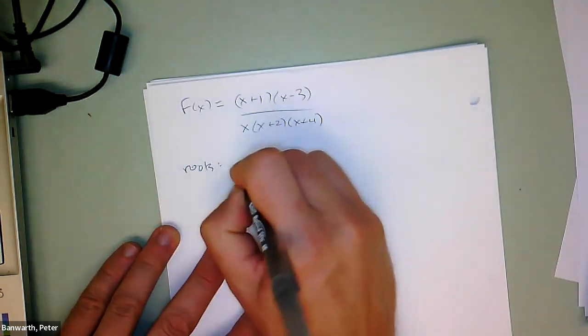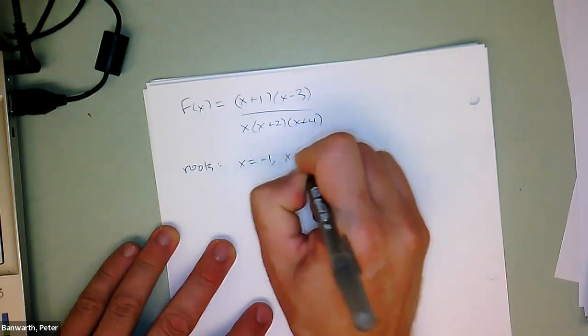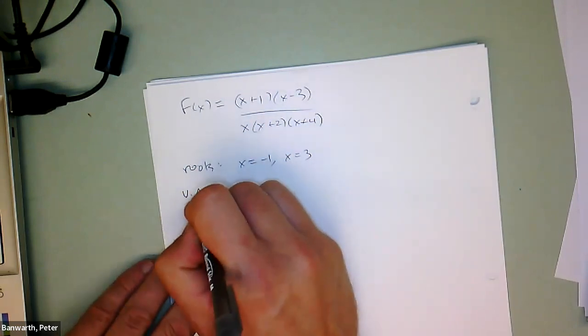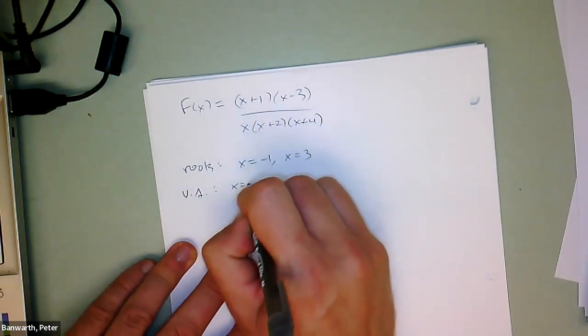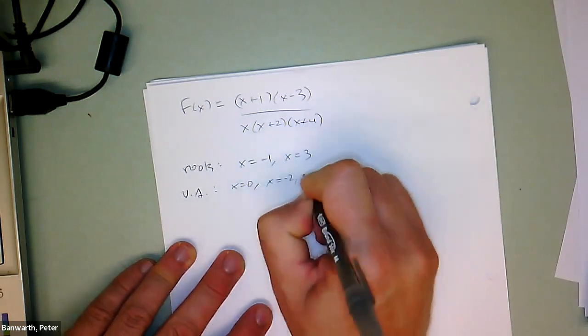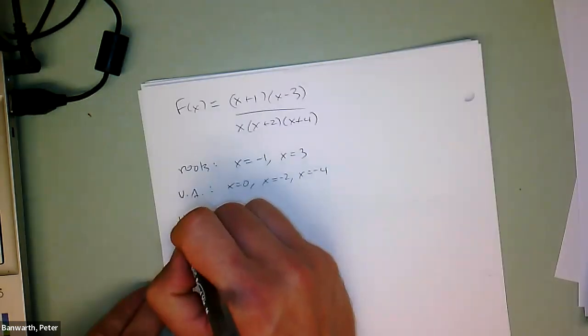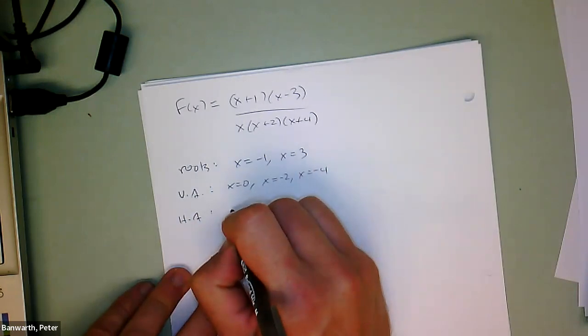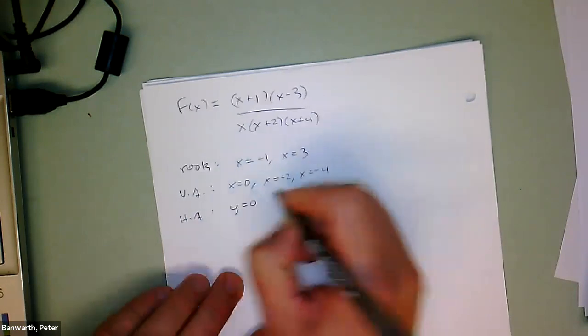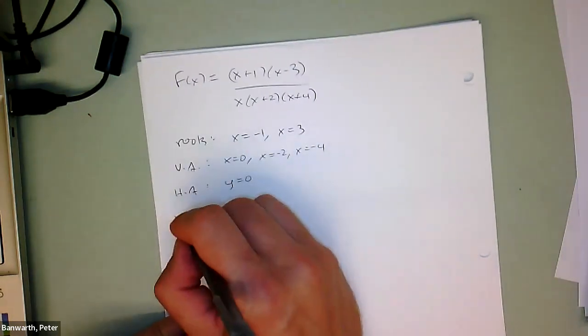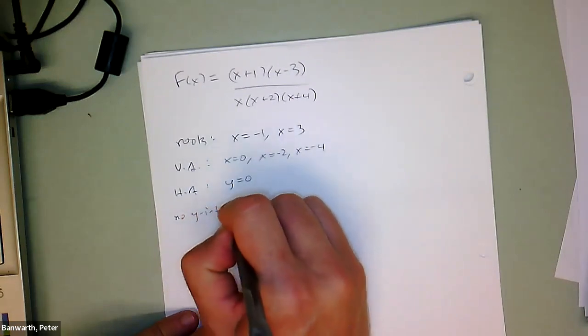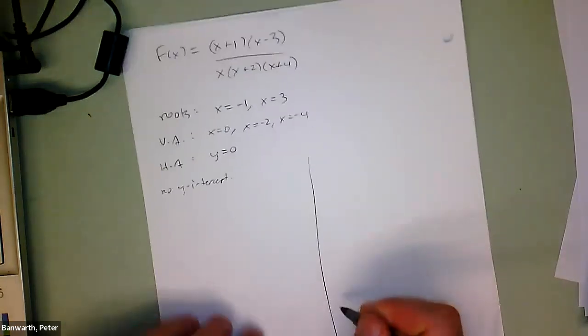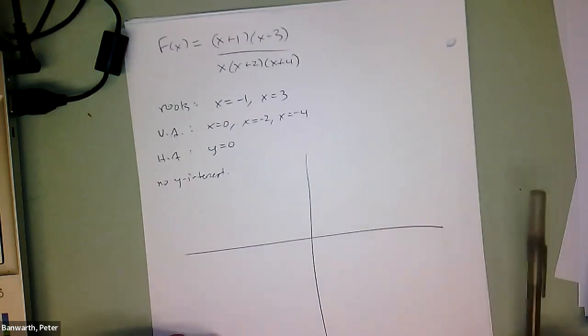We have our roots at x equals -1 and x equals +3. We have our vertical asymptotes at x equals 0, x equals -2, x equals -4. And we have a horizontal asymptote at y equals 0 and no y-intercept.